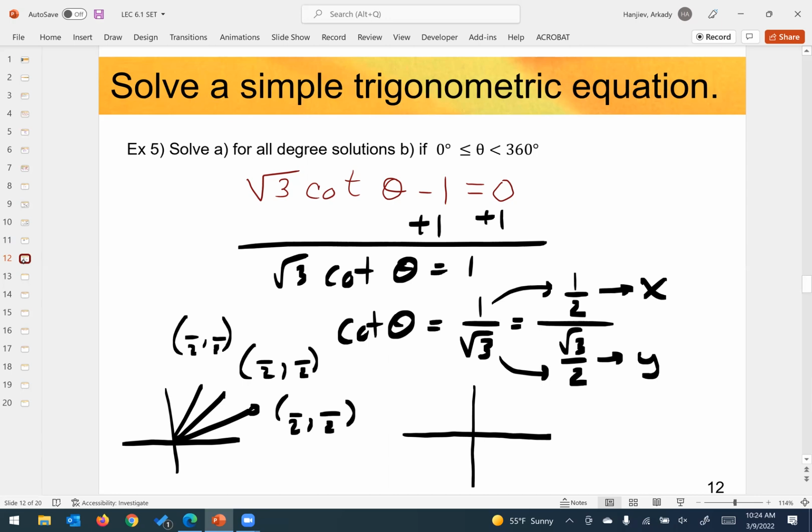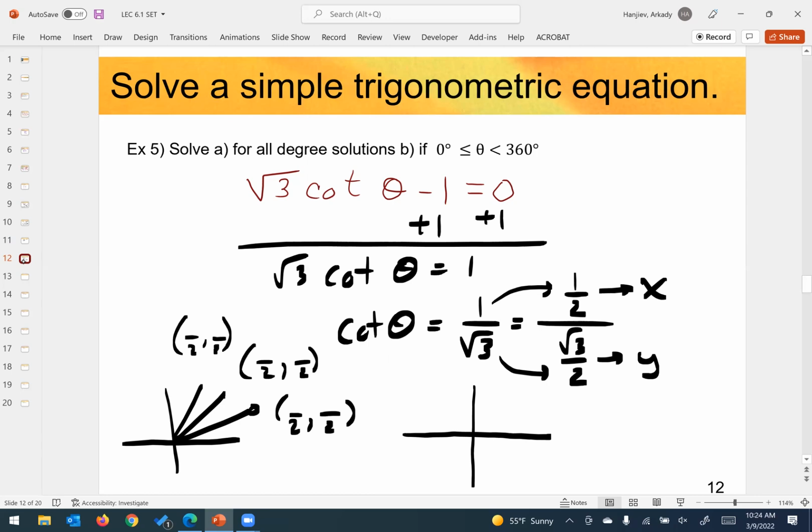The long way would be cotangent. Typically, what I do is just do cotangent plus 1 over the square root of 3 and then use that, or some other method to find where it is on the circle, but this is much easier.